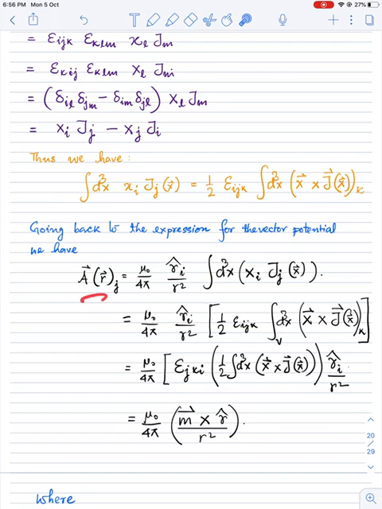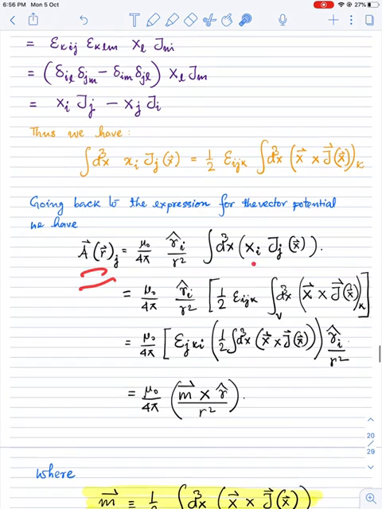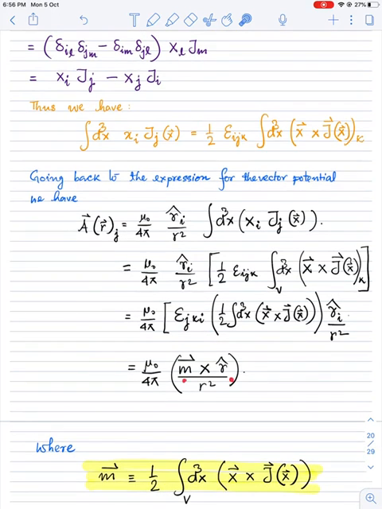If we substitute this algebraic manipulation back into this expression here for the vector potential, then xi xj we can write as epsilon ijk x cross j, and then using the fact again that there is one epsilon, we could write this as m cross r hat divided by r squared.